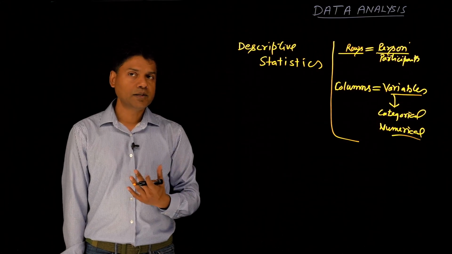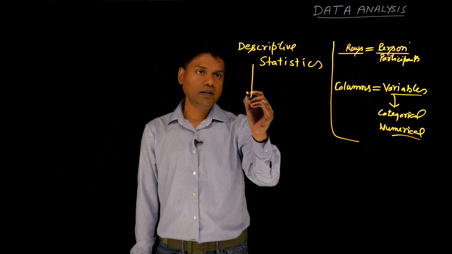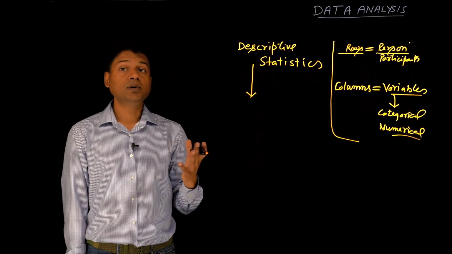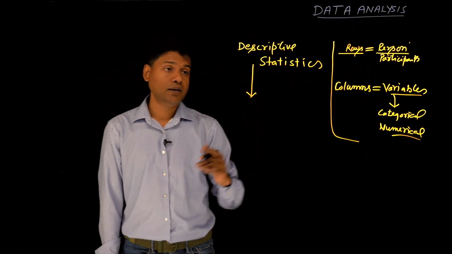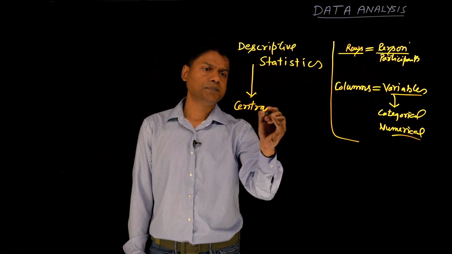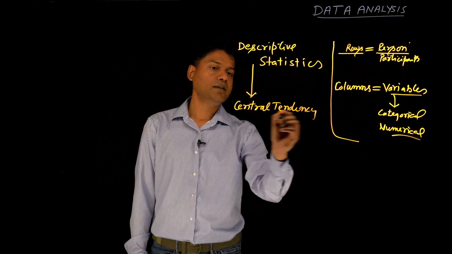What comes under descriptive statistics? A key analysis that we try to do to understand any data is what we call the central tendency of the data. What is central tendency?